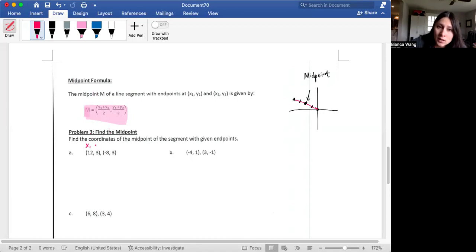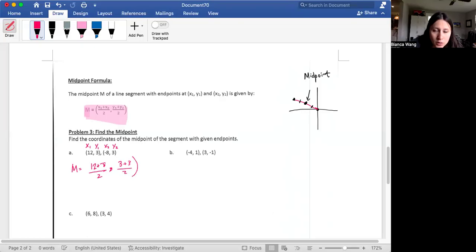So again, x1 and y1 for my first point, x2 and y2 for my second point. To find the midpoint, it is 12 plus -8 divided by 2. And then we're going to put a comma between. And then 3 plus 3 divided by 2.